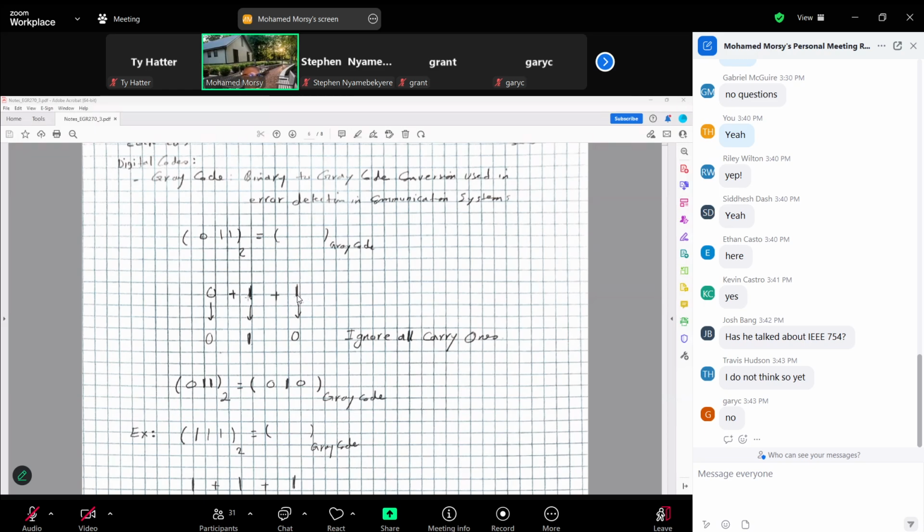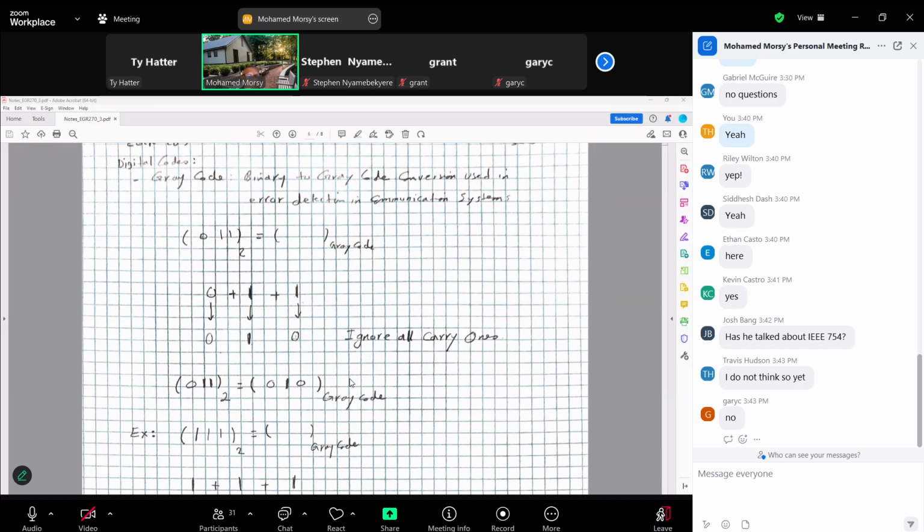0 plus 1 is 1, so we put 1 here. Then 1 plus 1, binary addition, is what? 1 plus 1 equals what? In binary it is 10, which is 0 with carry 1, right? So we put 0 and ignore the carry.